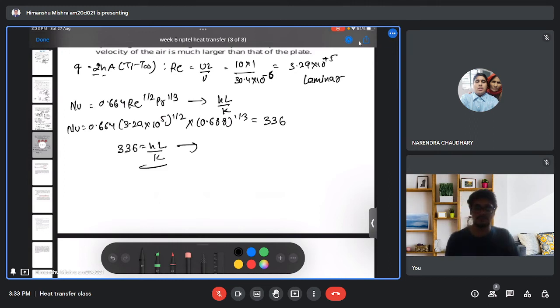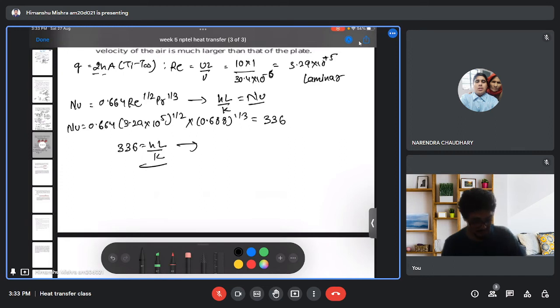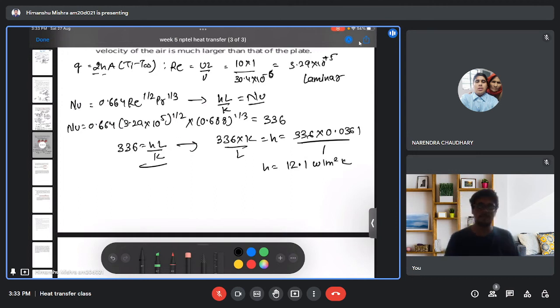And from this, we can find the heat transfer coefficient. So this will be my heat transfer coefficient.